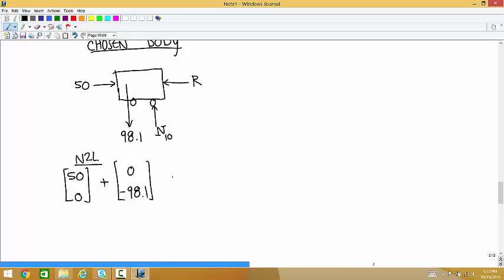The N10 acts in the positive y direction, so 0, N10. And the R acts in the negative x direction, so that's negative R, 0.